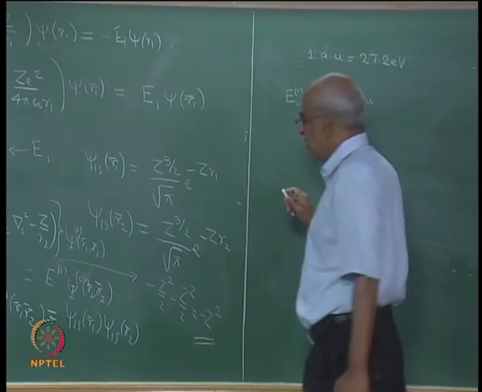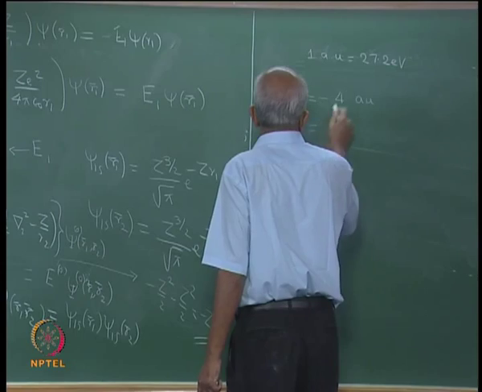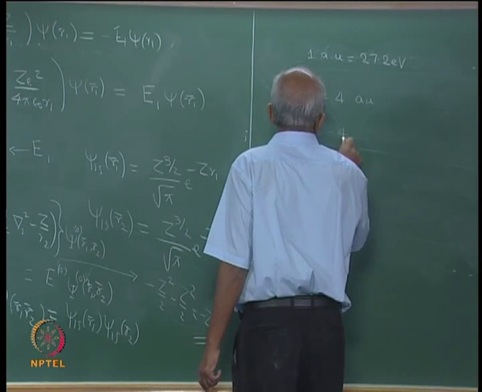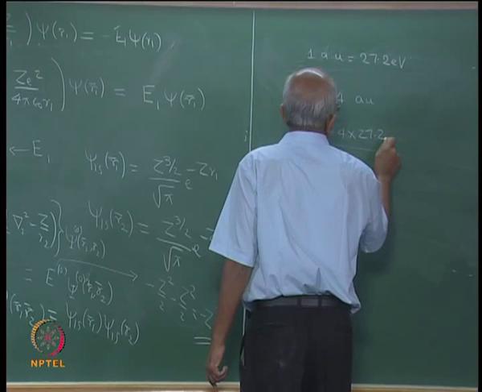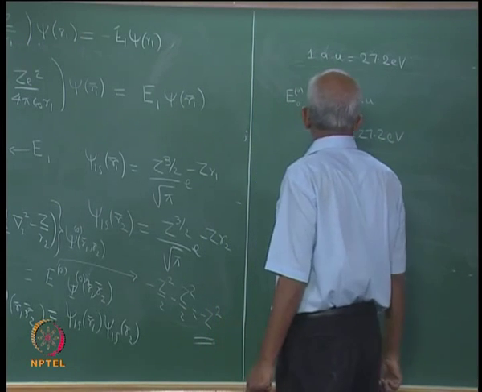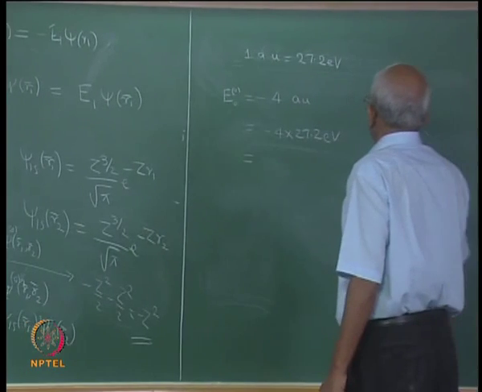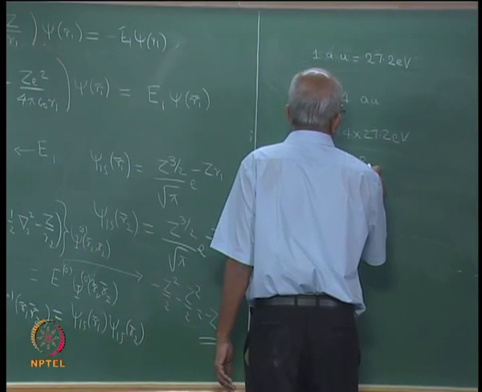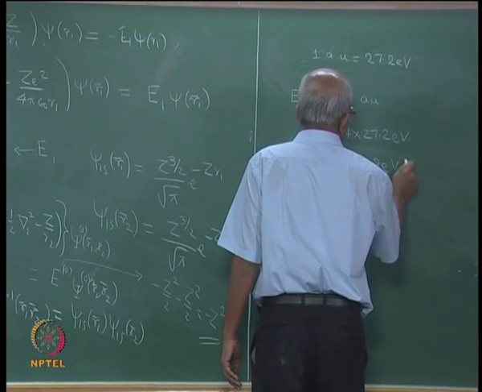And minus 4 atomic units is how many electron volts? It is minus 4 into 27.2 electron volts, which is minus 108.8 electron volts.